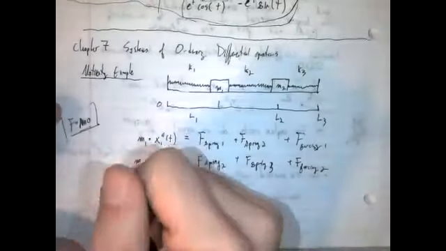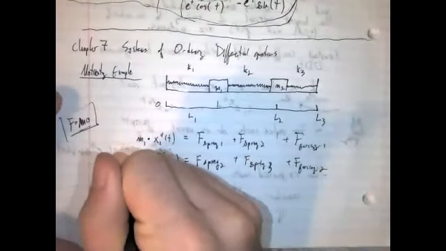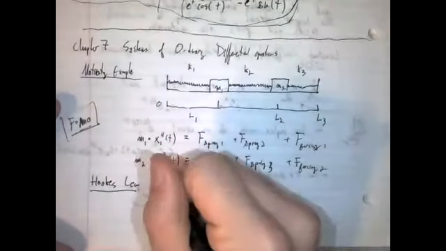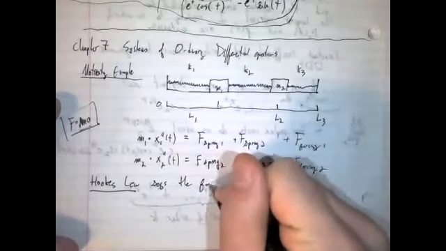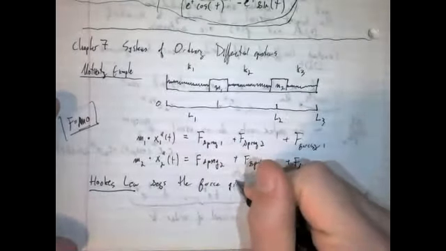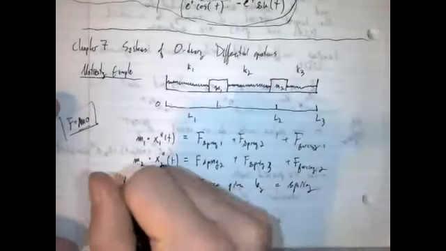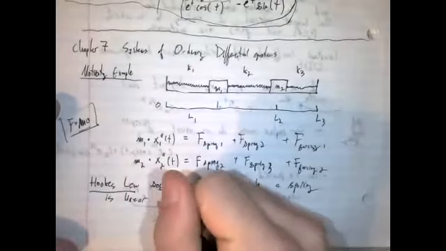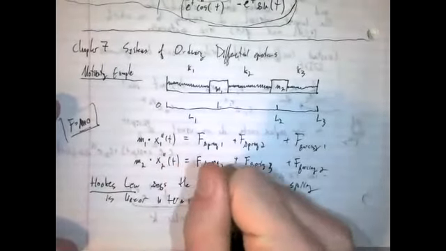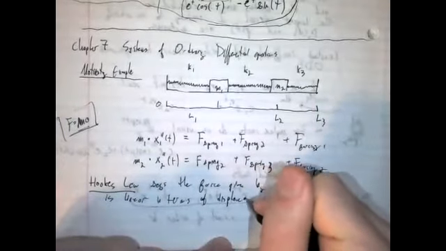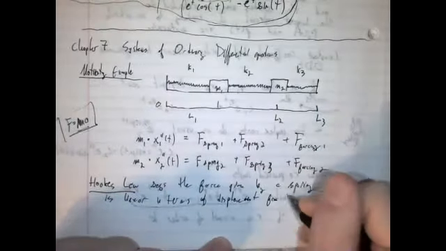Okay, Hooke's law says that the force given by a spring is linear in terms of the displacement from the equilibrium position.